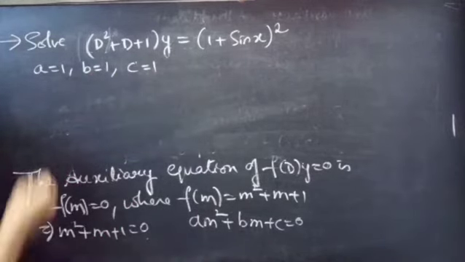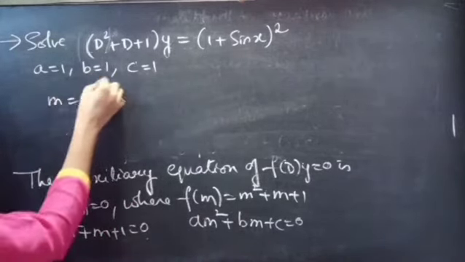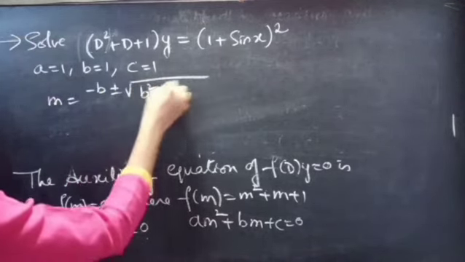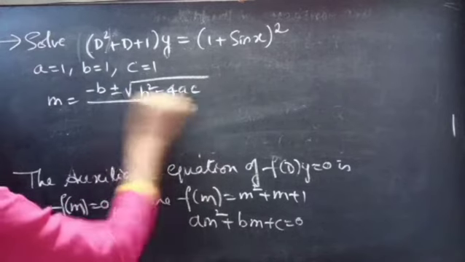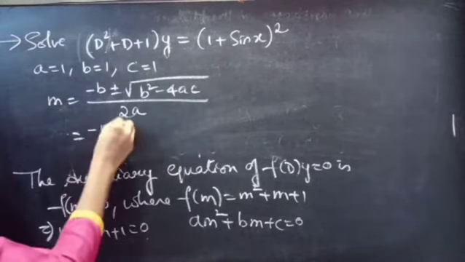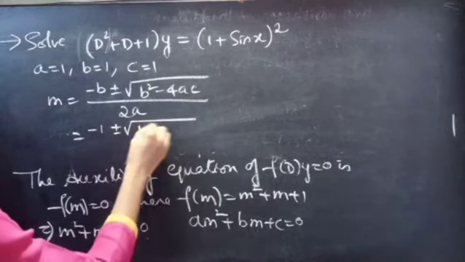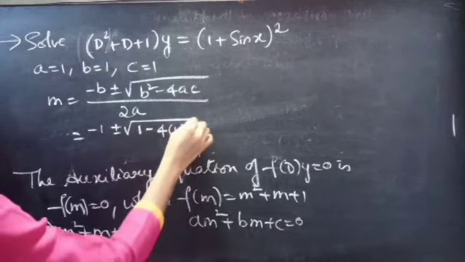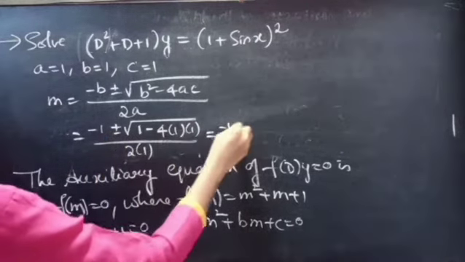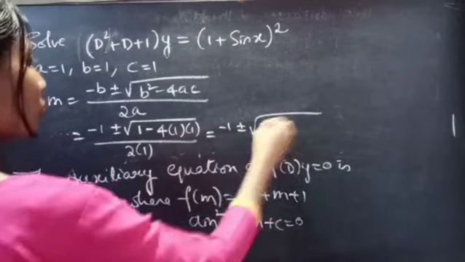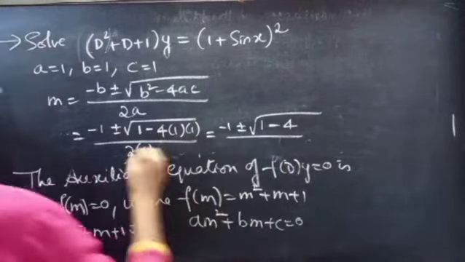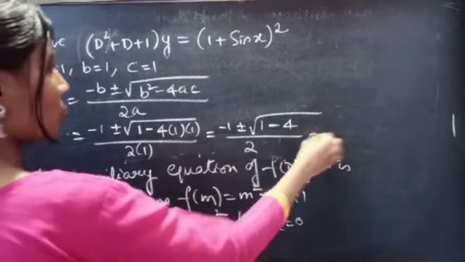Now let's use the quadratic formula: (−b ± √(b² − 4ac))/2a, which equals (−1 ± √(1² − 4·1·1))/(2·1), which equals (−1 ± √(1 − 4))/2.